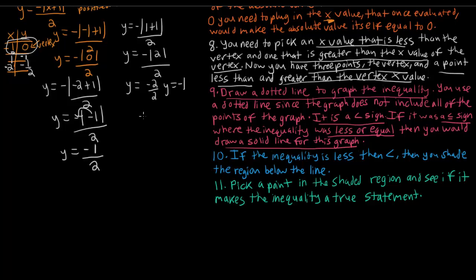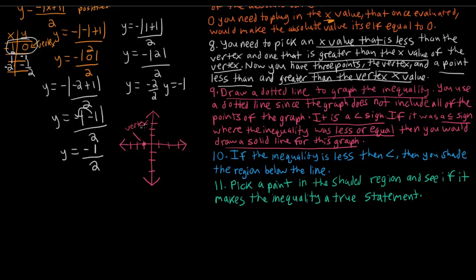So we want to pretty much just graph the vertex and the 2 points of this inequality. Our first point is negative 1, 0, our vertex.